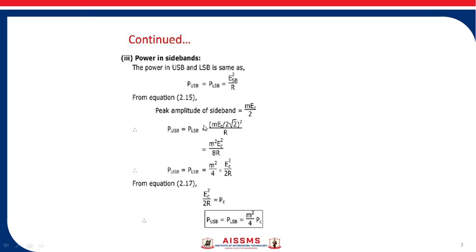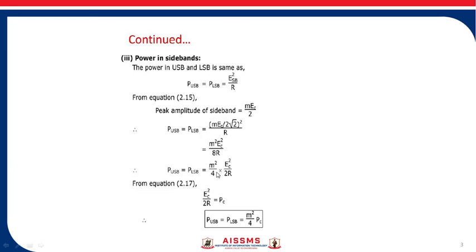Again taking the RMS value of the amplitude, power in USB equals power in LSB, which is (m EC by 2 root 2) square divided by R. Squaring this term, you get m square EC square divided by 8R. This is the power contained in the LSB and USB.